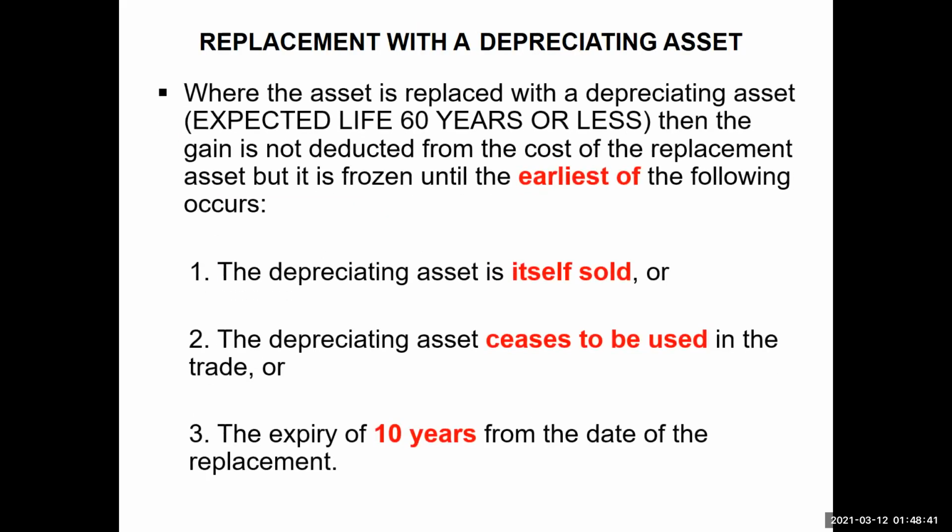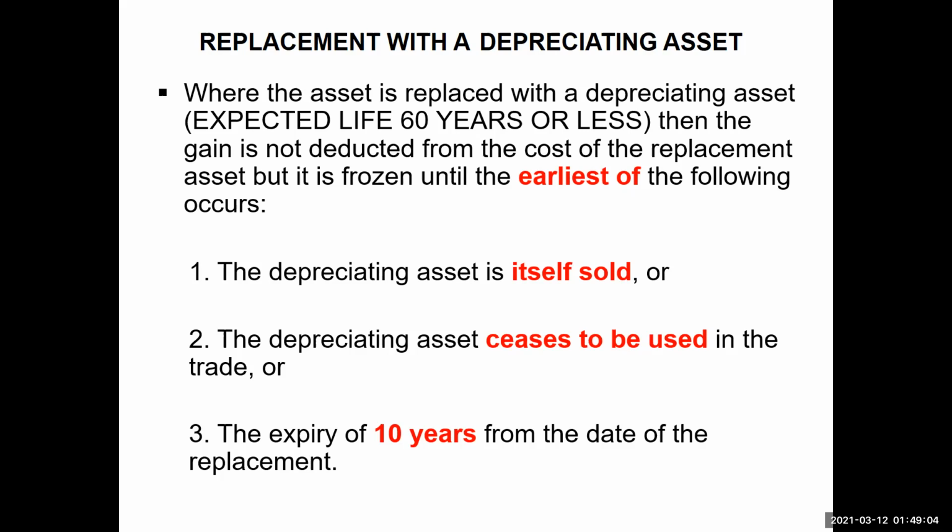So once again, when we are replacing these assets with a depreciating asset like property and equipment, plant and machinery, this asset is normally expected to have a useful life of 60 years or less. In this scenario, the gain is not deducted from the cost of the replacement asset, but it is frozen.